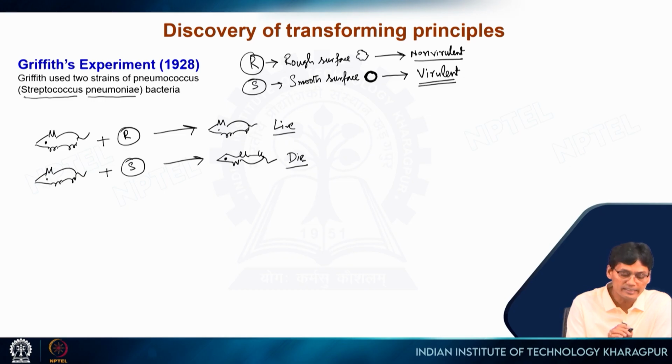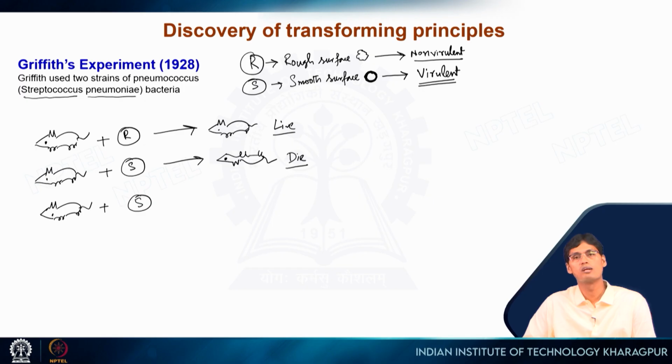But in the next interesting experiment, he again injected the S strain of bacteria, but heat killed. That means he just boiled the bacteria, like in a pressure cooker or some kind of autoclave.